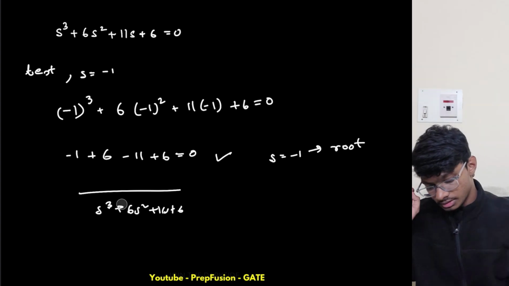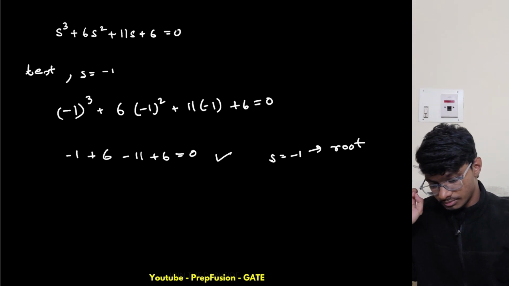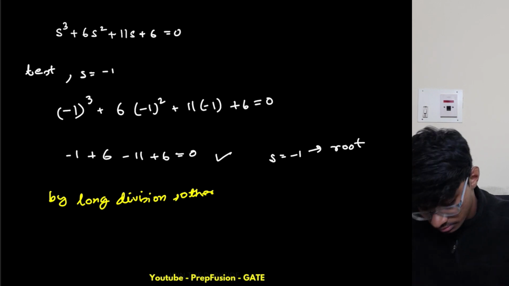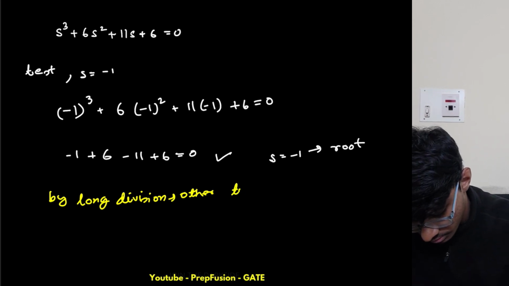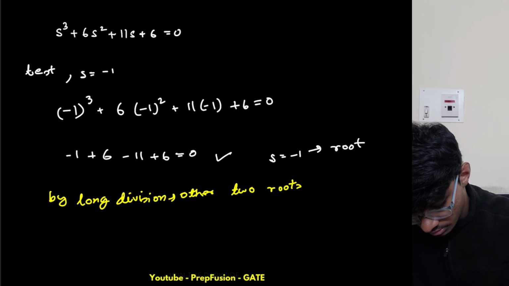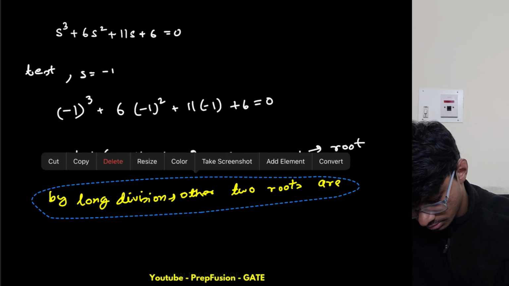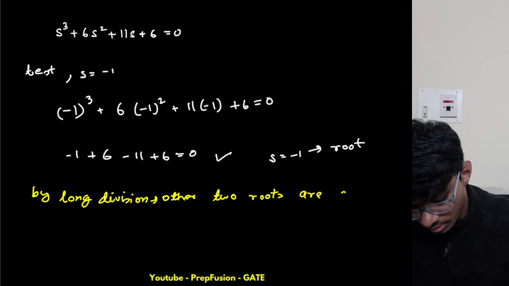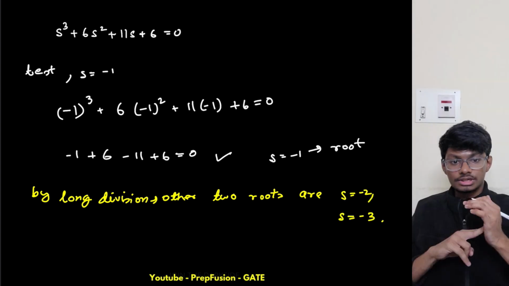What you will see is that you get the other 2 roots by long division. The other 2 roots are basically s equals to -2 and s equals to -3.